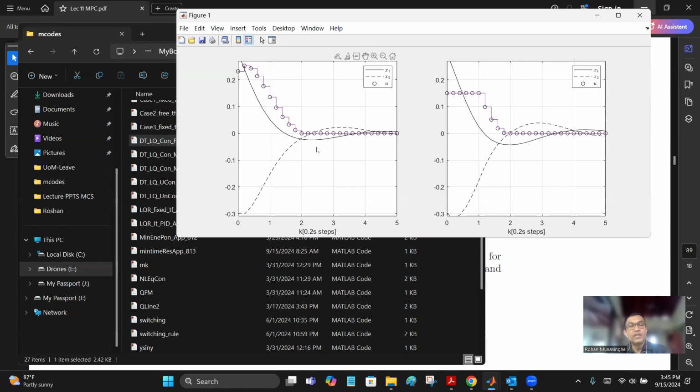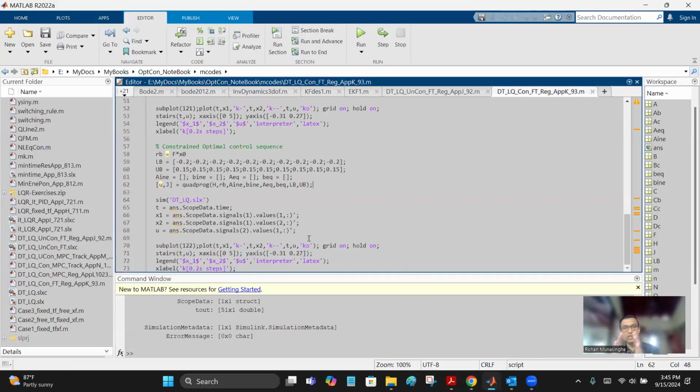Now, what's happening over here is that this is up to 5 seconds, right? Earlier, it was up to 2 seconds. If you look at the control signal, I have calculated only up to 2 seconds. After that, I let the system go, keeping the control signal zero manually, because I have written my code to calculate the optimal sequence for 10 steps.